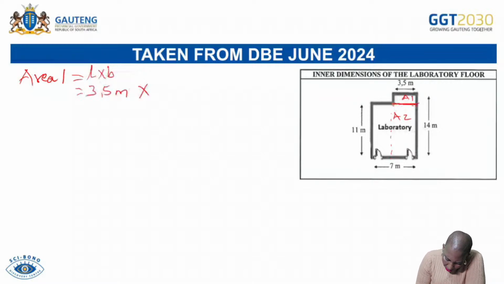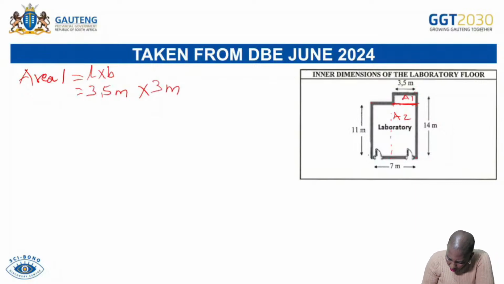But from here up until here, it is 11, and from here up until here it is 14. So 14 minus 11 will be what? Will be 3. Let's quickly check. 14 minus 11 will be 3 meters.